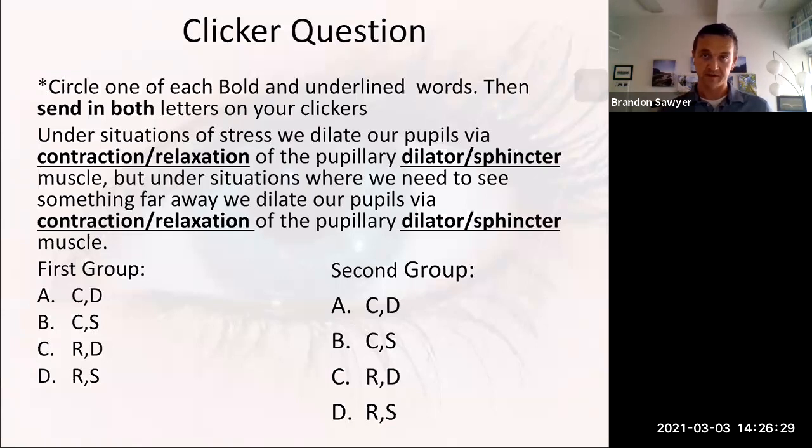All right, maybe about 10 more seconds. A lot of letters there. Could get a little confusing for sure. Okay, go ahead and send something in. If you're still not quite there, just send something in so you get the participation credit.